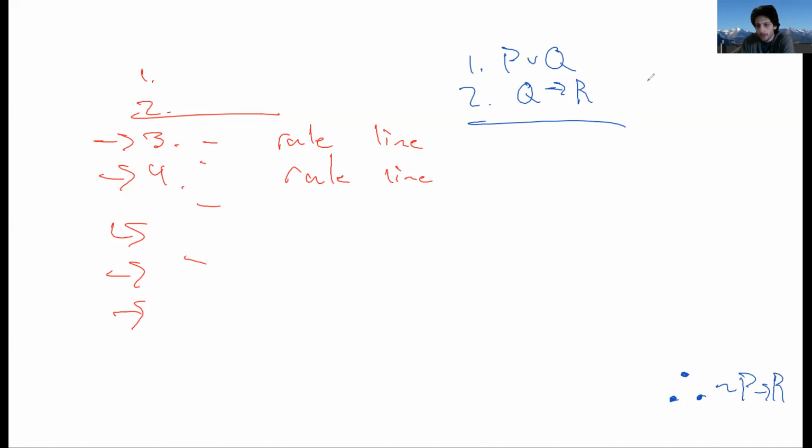Right? So what I'm claiming here, what an argument is saying, is if you believe anything of this form, then you should believe this too. And again, it doesn't matter what this is about. If you believe that you're either getting a dog or you're getting a cat, and if you get a cat, then your little brother will complain, then you should believe if you don't get a dog, then your little brother is going to complain.